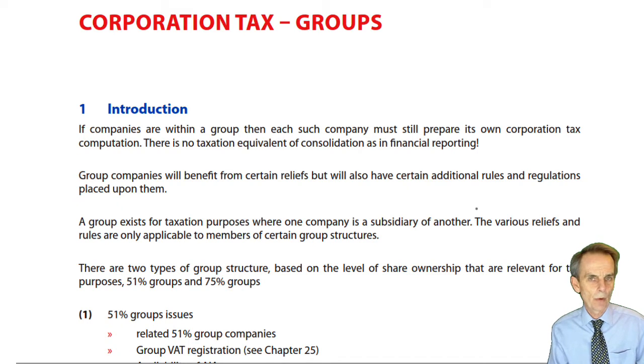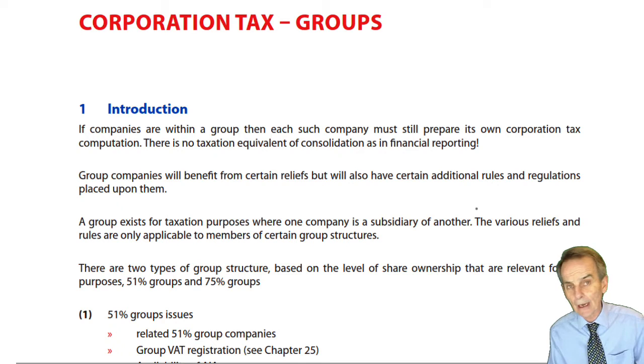When it comes to corporation tax, there will still be, and there will only be, a single corporation tax computation for each individual company. But the fact that it exists not in isolation, but as part of a group, depending on the exact group structure, that will be measured in percentage shareholding terms, there will be different rules, different claims, different elections that will be available.